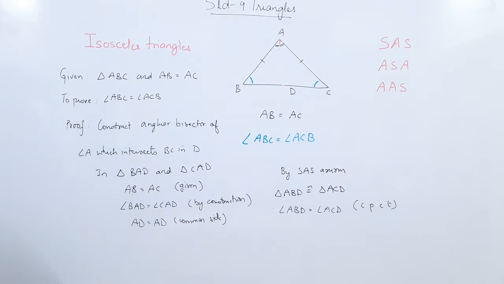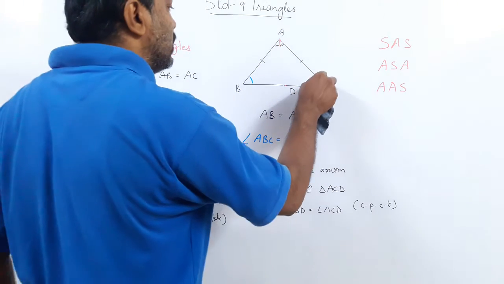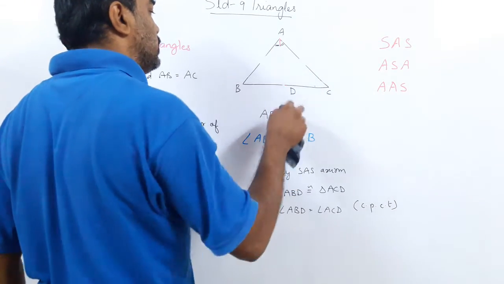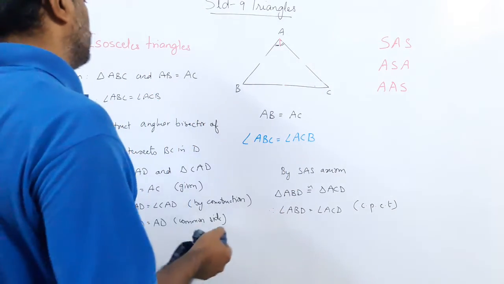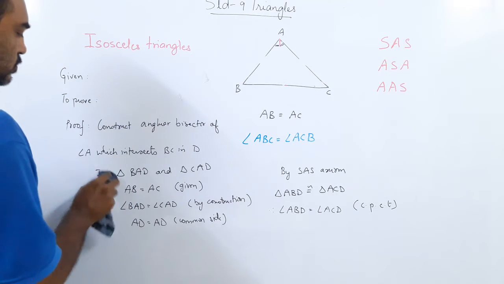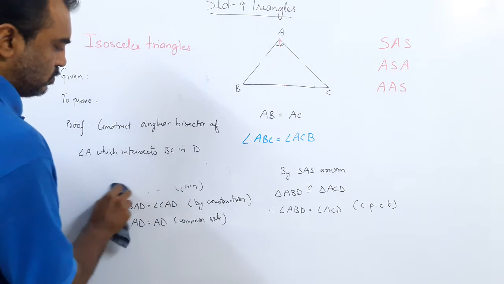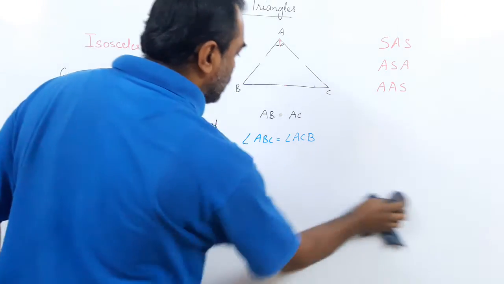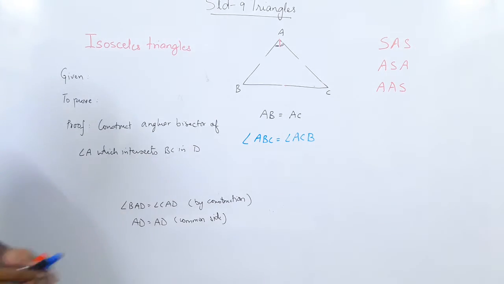Now we go to theorem number 2, which is exactly the converse of this theorem. I should not rub this, but we'll see what we are supposed to do. Now what does the converse mean?